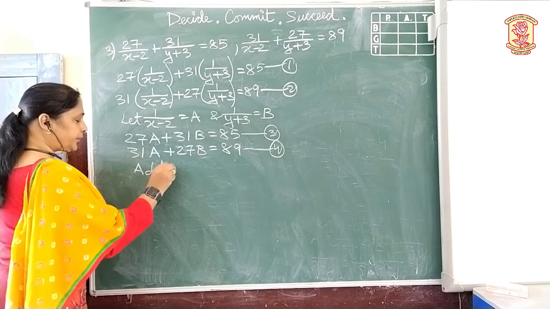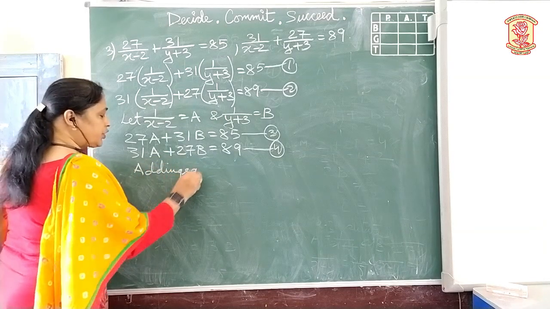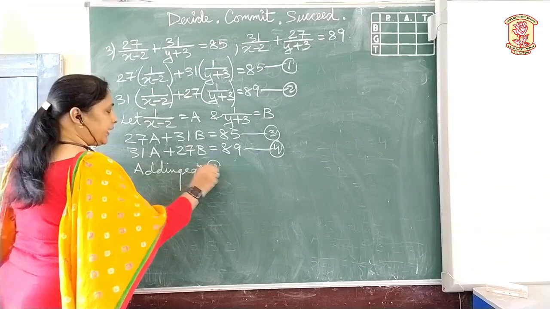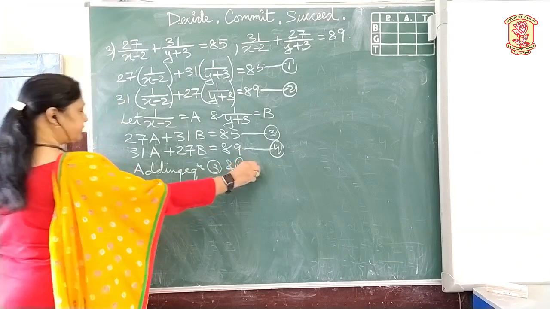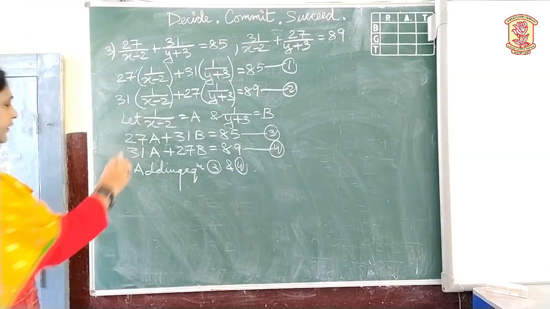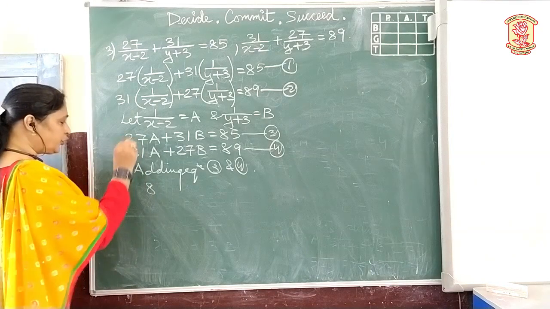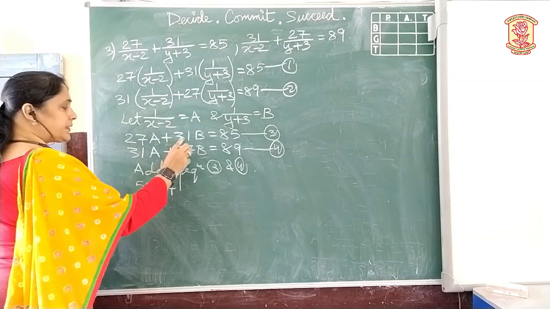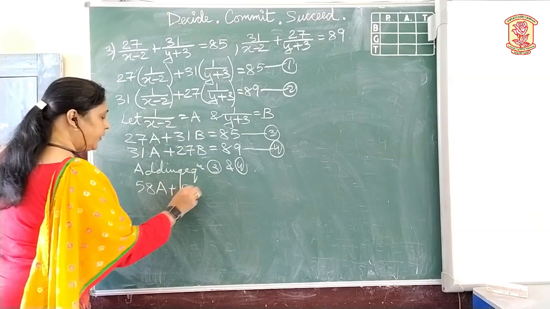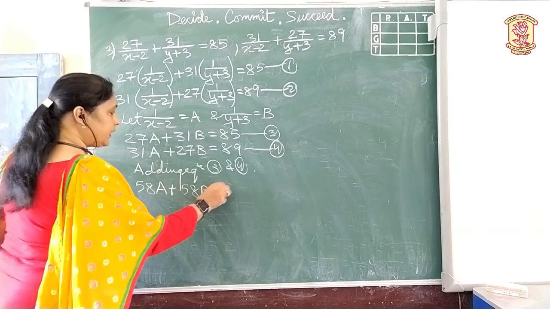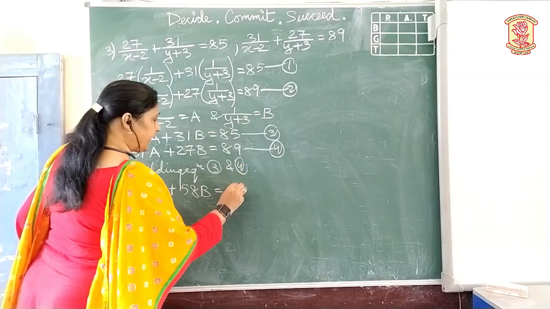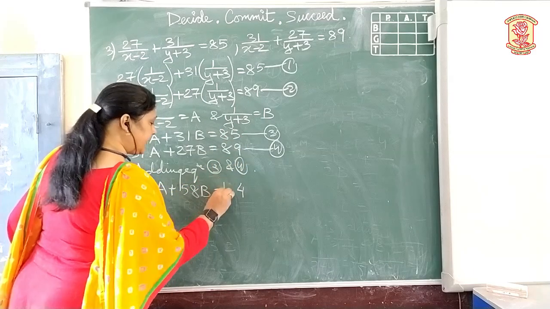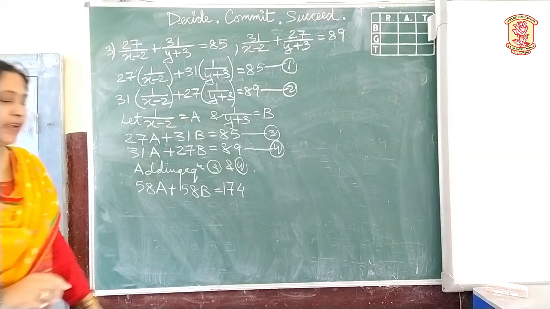So adding equations 3 and 4. Here we get 7 plus 1 is 8 and 2 plus 3 is 5. So we get 58a plus 58b equals 9 plus 5 is 14, 8 2 is 16 and 1, that is 174.